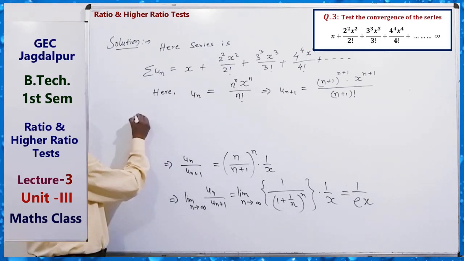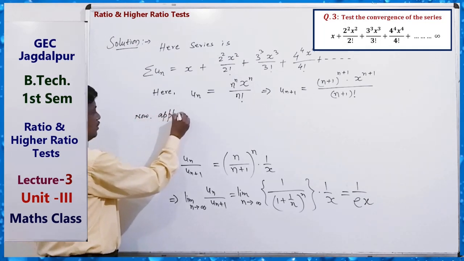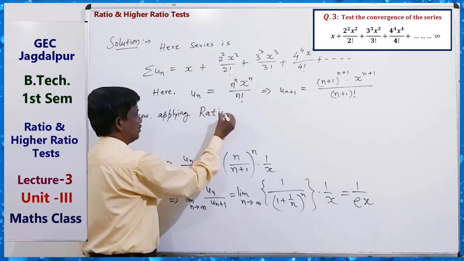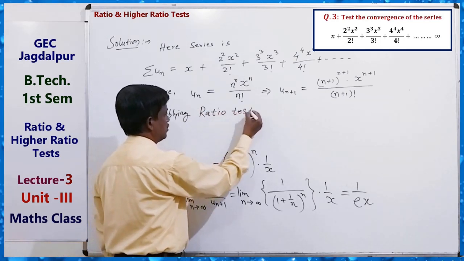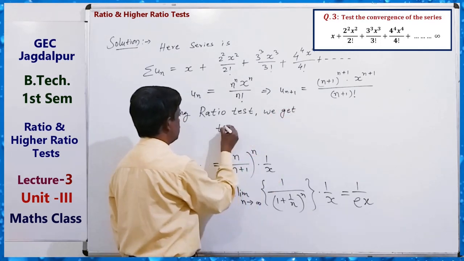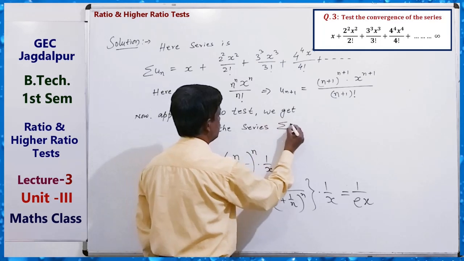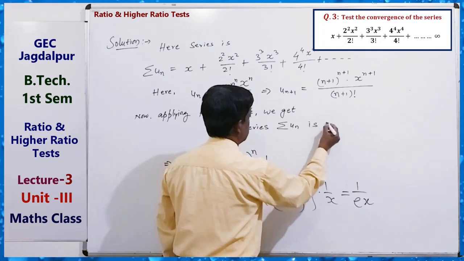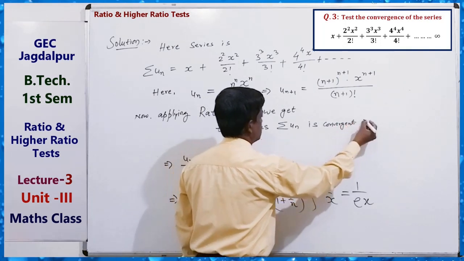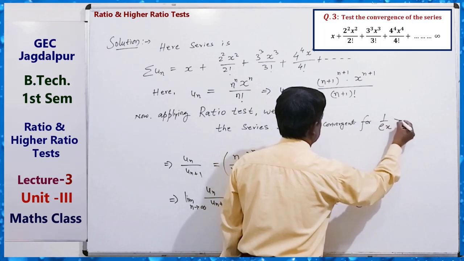Now applying the ratio test, we get that the series summation un is convergent if the limit 1 upon ex is greater than 1.